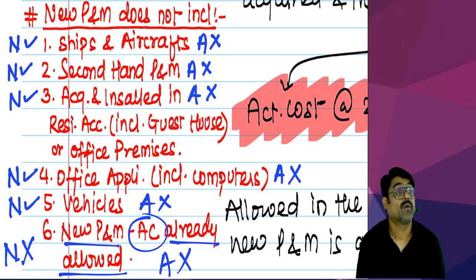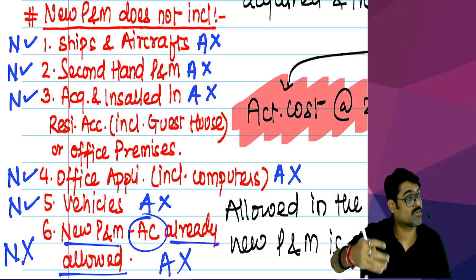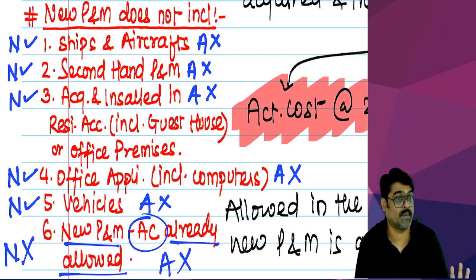Next one, vehicles. And last one, any new plant and machinery whose actual cost is fully allowed under any other provisions of the Income Tax Act. On these six plant and machineries, you cannot claim additional depreciation. But you can claim normal depreciation on them other than point number 6.